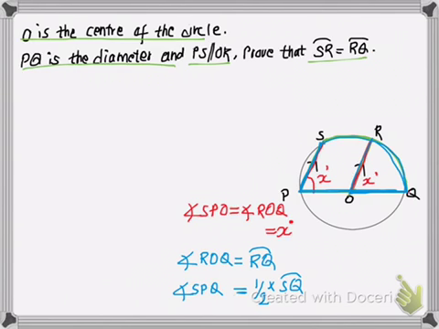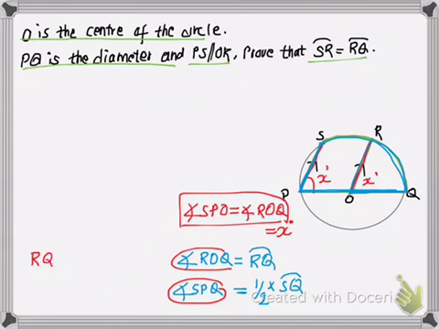Now, with this information above, we can say that ROQ, the central angle, is equal to angle SPQ, the inscribed angle. So we can also write that the arc RQ is equal to half of arc SQ from the above statement.